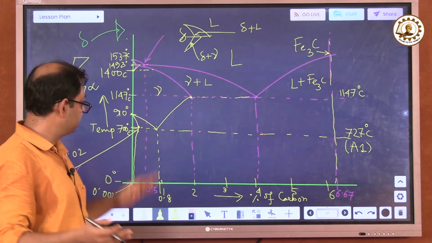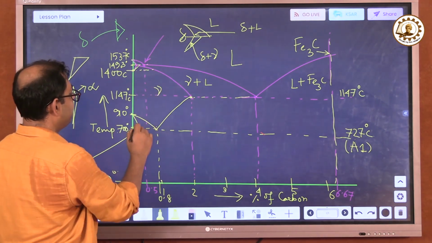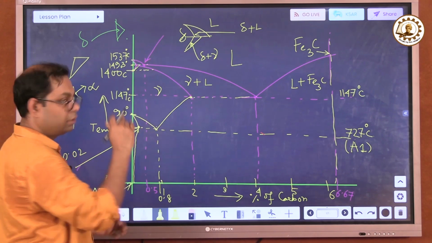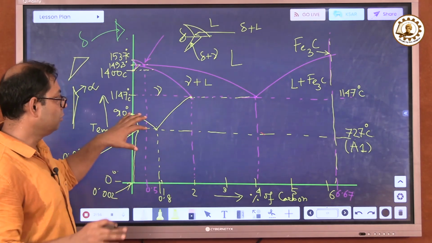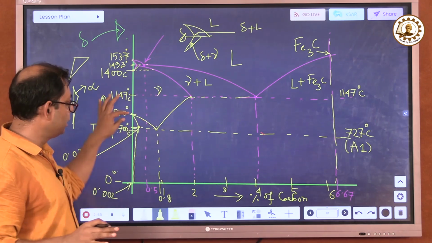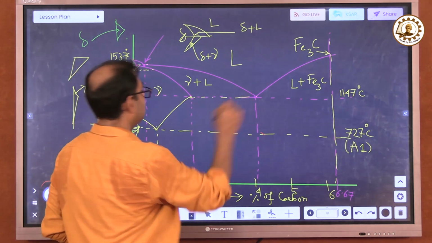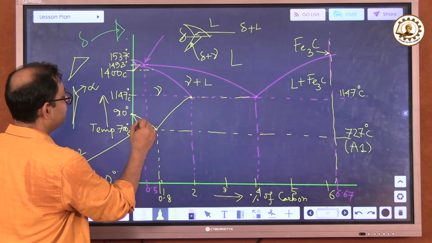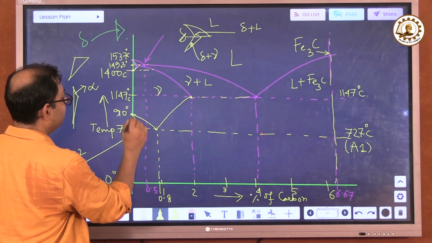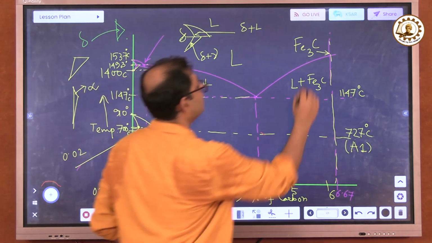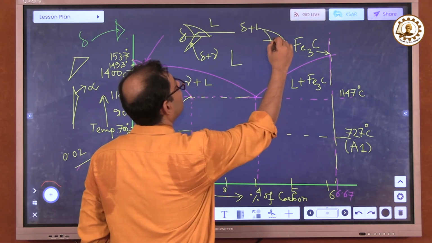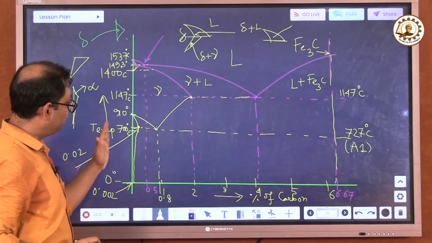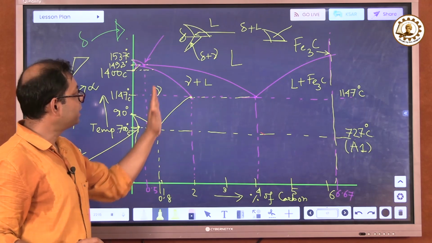Coming over here, this is pure alpha or alpha ferrite that we know, and this is austenite. This particular triangular-type region looks like a shark fin. It is called the shark fin curve. This shark fin curve which you can see over here consists of alpha ferrite on the left hand side and austenite on the right hand side.